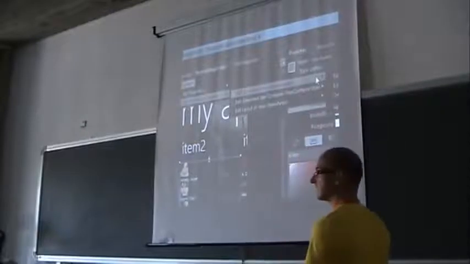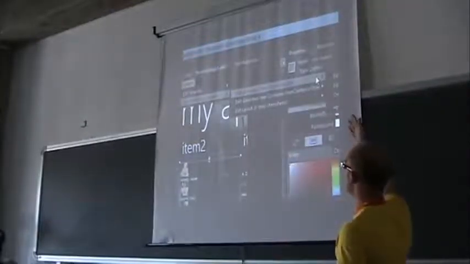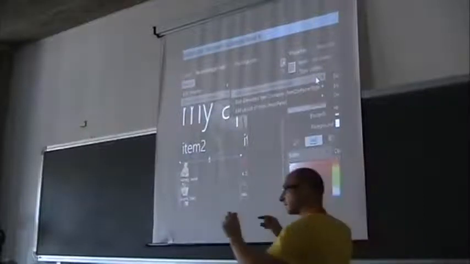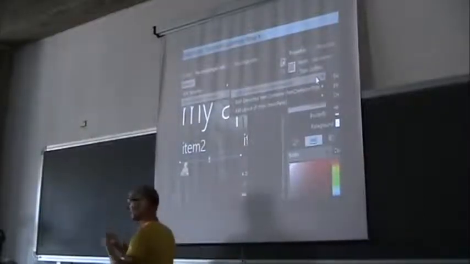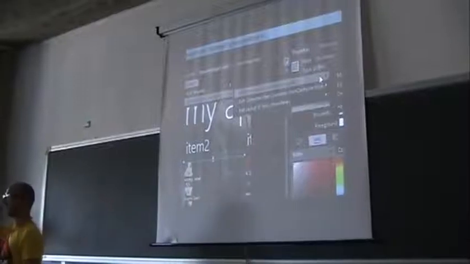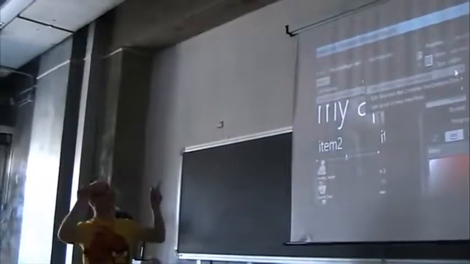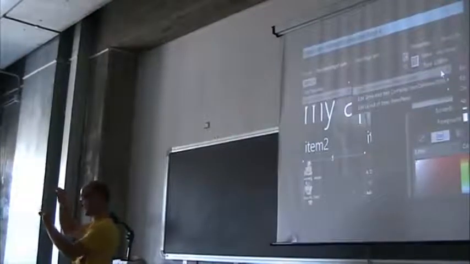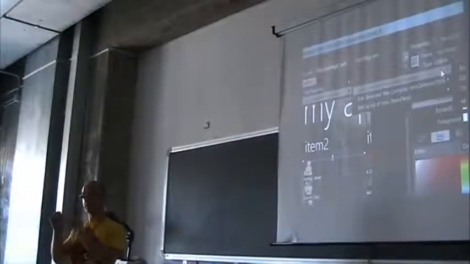You can see here item template, which is how each item is organized. So the first thing is the image, and the second thing is a little label.